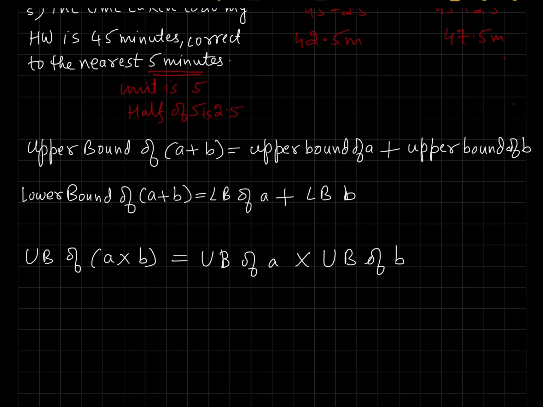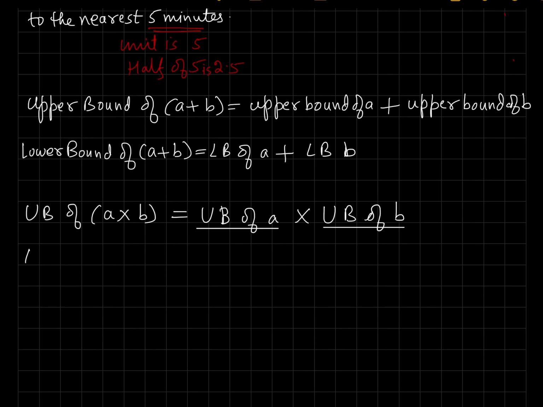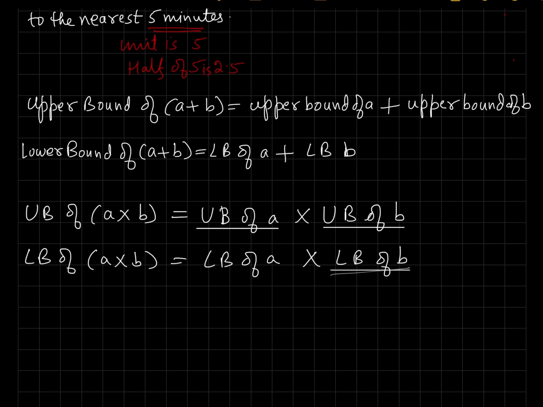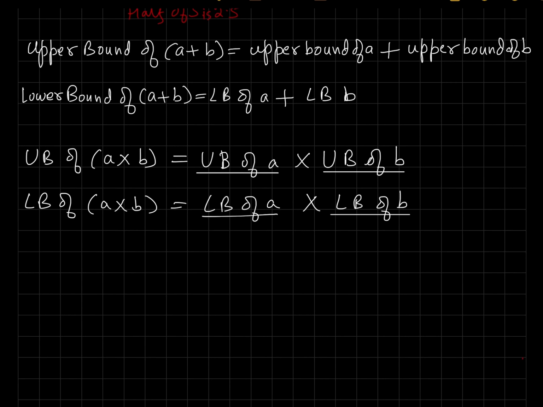So always separately, first you find the upper bounds and then you multiply. Same thing for the lower bound: the lower bound of a times b is the lower bound of a multiplied by the lower bound of b. Never make the mistake of first multiplying and then finding the lower bound. That would be wrong.